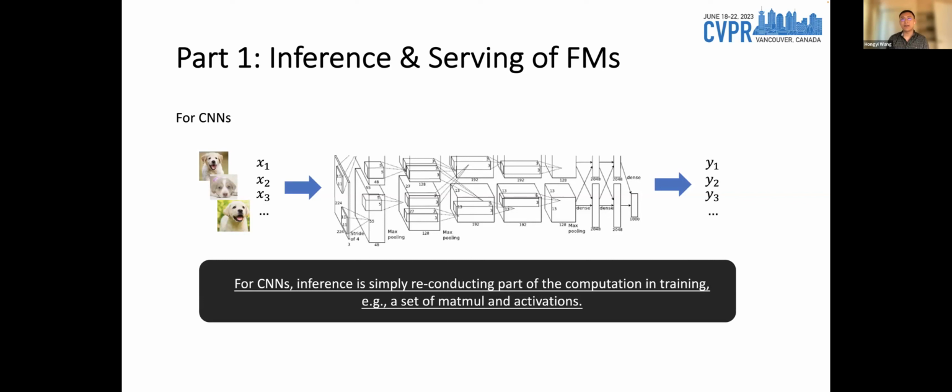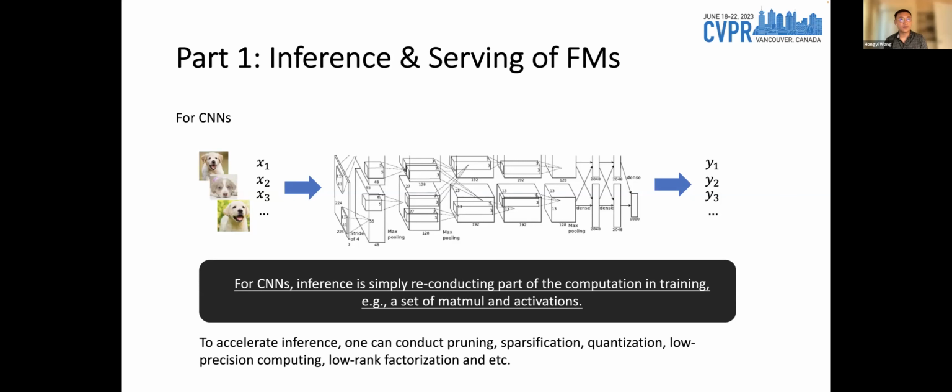And then we can easily serve the model. That's actually happening every day. We're using mobile devices, our cell phones. If that's running a deep neural network, it's just doing forward propagation over and over again. People have come up with different techniques to optimize inference.